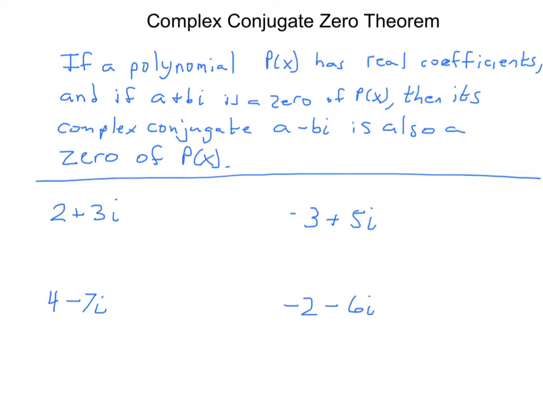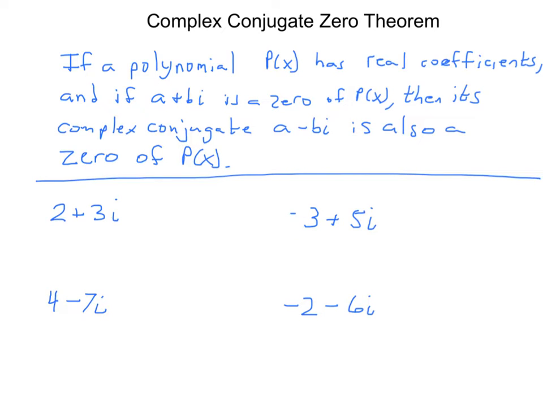For those of you who are not familiar with the word conjugate, look at the sign here, a plus bi and a minus bi. Those are conjugates. The only difference between them is the sign between them.